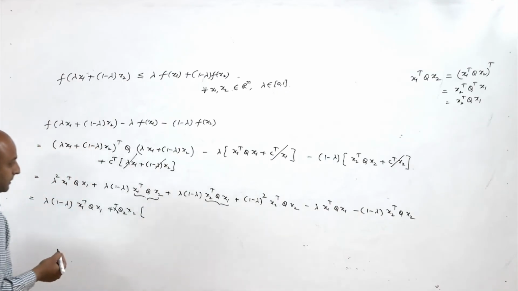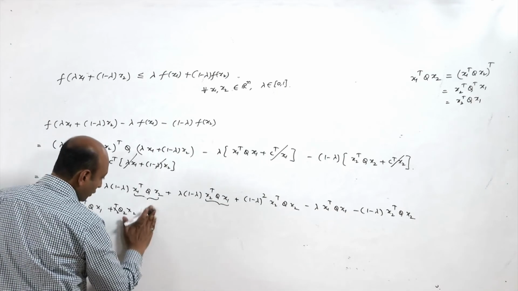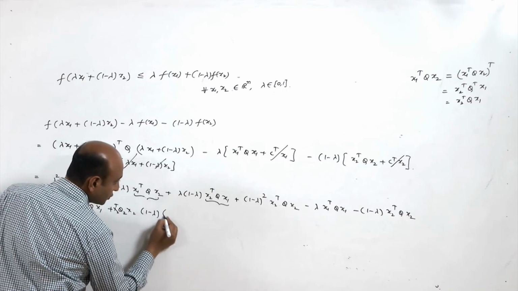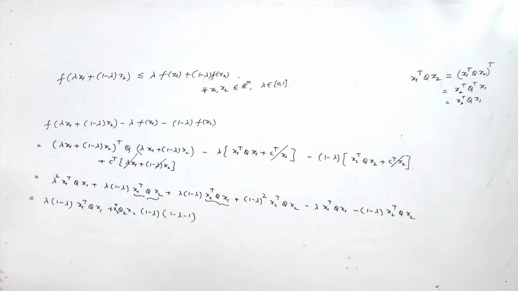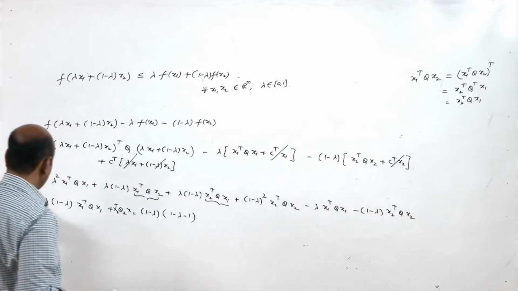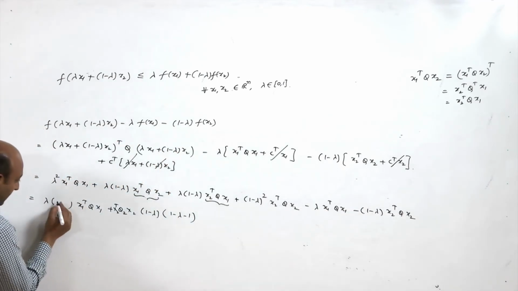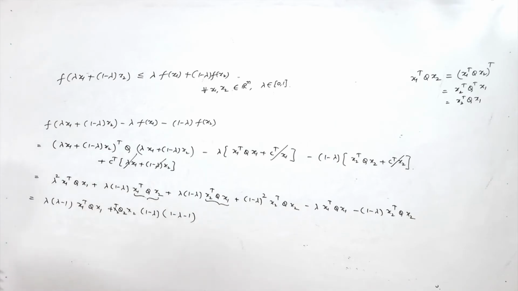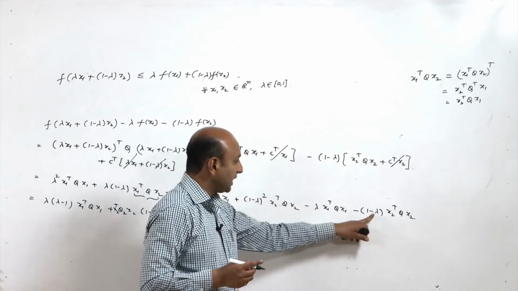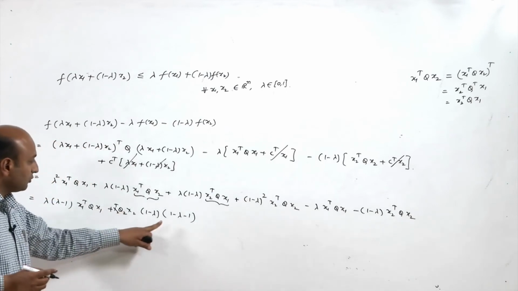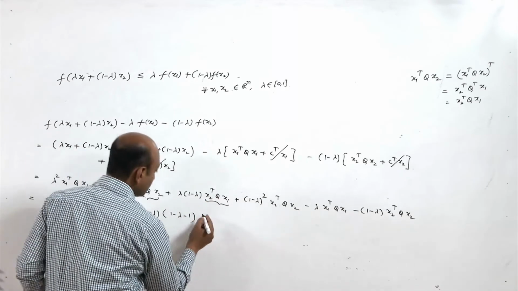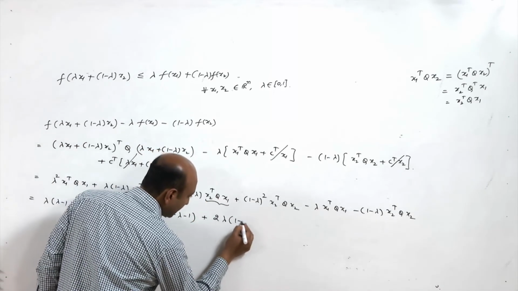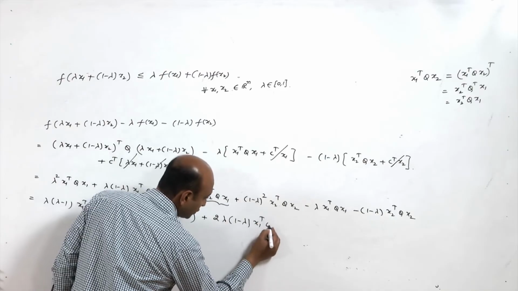So, it is again 1 minus lambda common. So, it is 1 minus lambda minus 1. Okay. From these two terms take lambda common. So, it is lambda minus 1, sorry, it will be lambda minus 1. Okay. From these two terms you take 1 minus lambda into this common. So, we obtain 1 minus lambda minus 1, and these terms are same. So, it is 2 lambda 1 minus lambda x1 transpose Q x2.